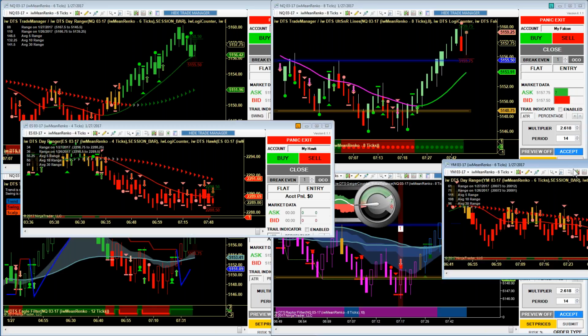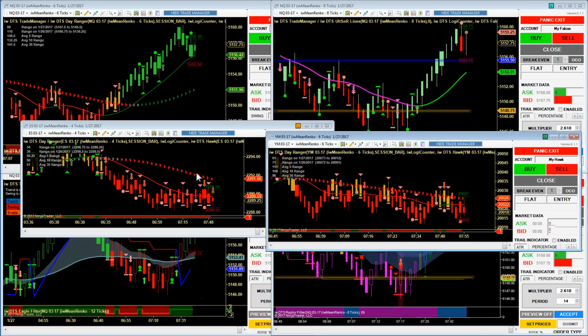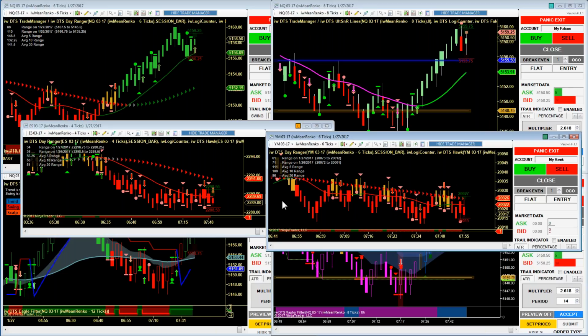All right, so here now is the mini Dow, which is following the S&P a little bit closer. If the Dow and the NASDAQ were in sync, the E-mini would follow. But the E-mini is a lot more conflicted about its direction, as is the NQ, or the YM, the mini Dow.